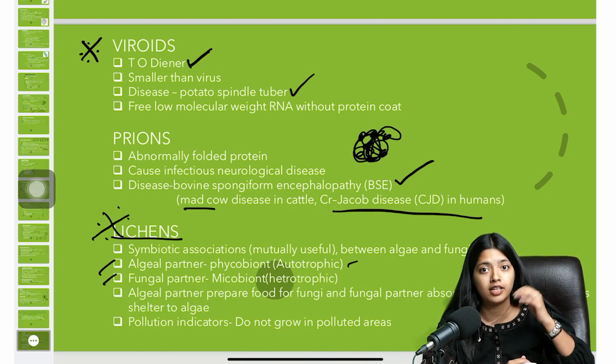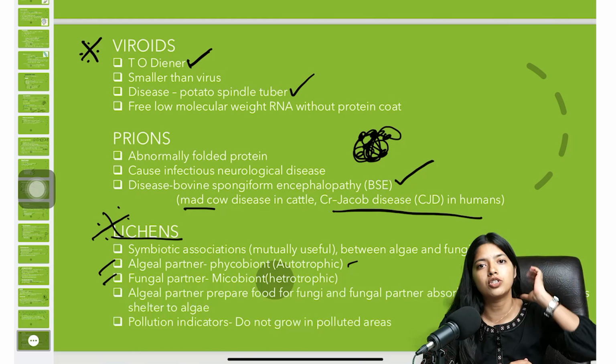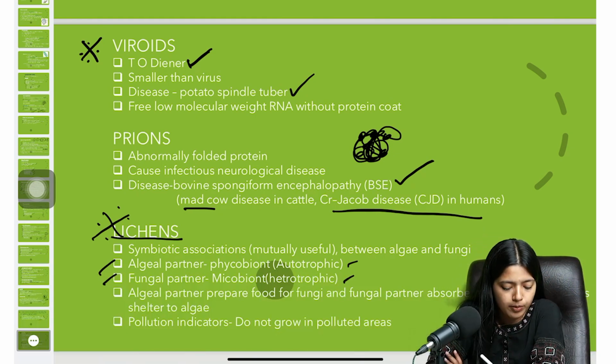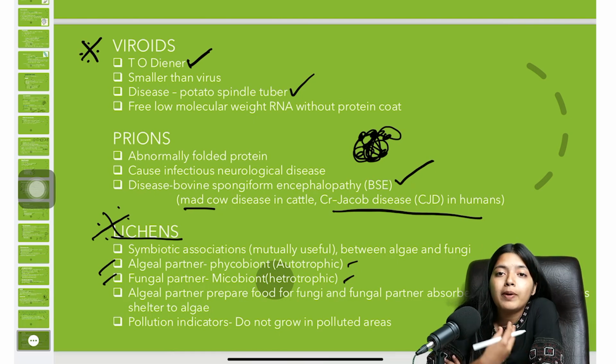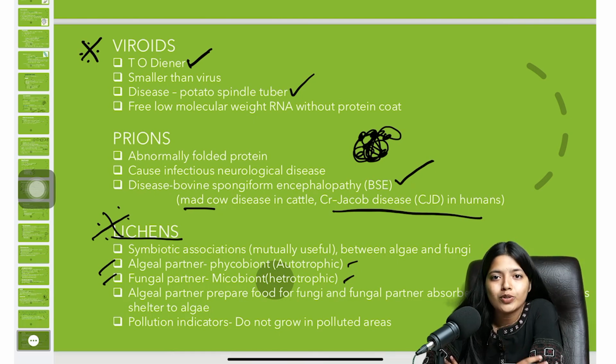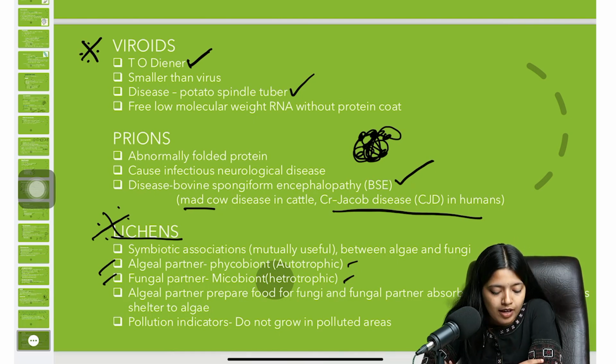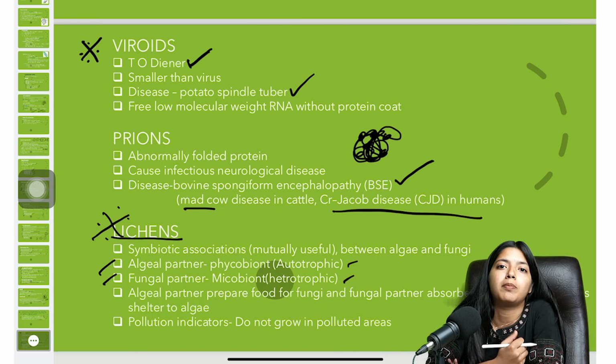We have discussed kingdom Fungi, whose members are heterotrophic. They can't produce their own food. So, what is their function? The algal partner can do photosynthesis, so it prepares food for the fungal partner. The fungal partner provides shelter to the algal partner, can easily establish itself, and absorbs raw materials for the preparation of food.